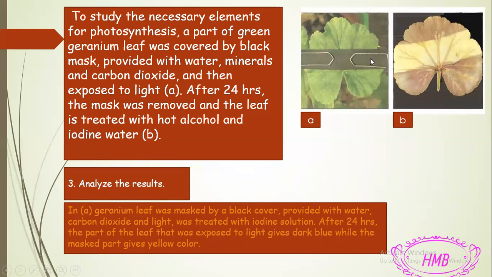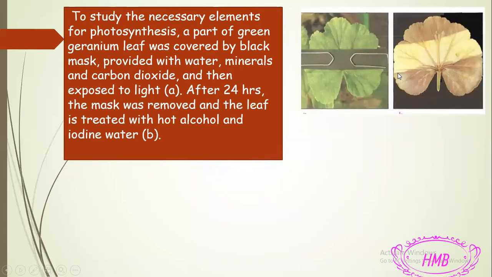So after 24 hours, we treated it with iodine, after removing the black mask, and then we saw that the green parts that were exposed to light give dark blue, while the part that was covered gives yellow color.